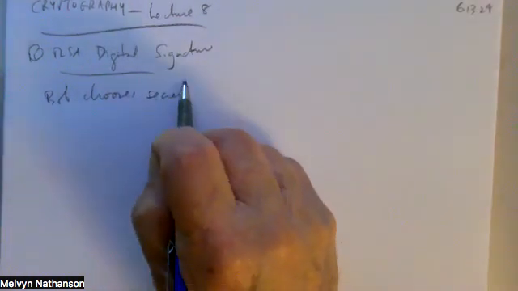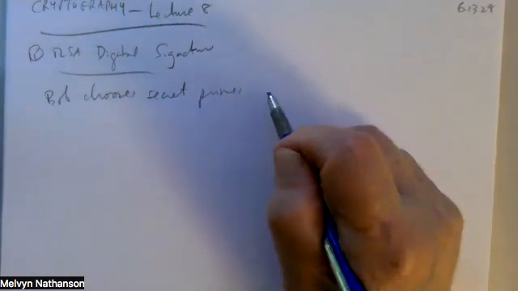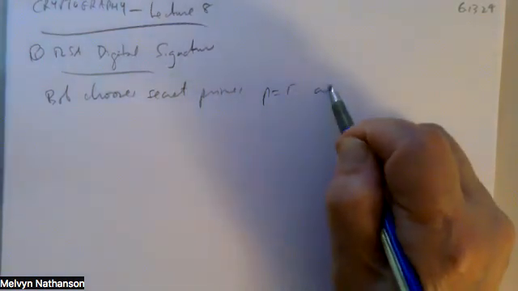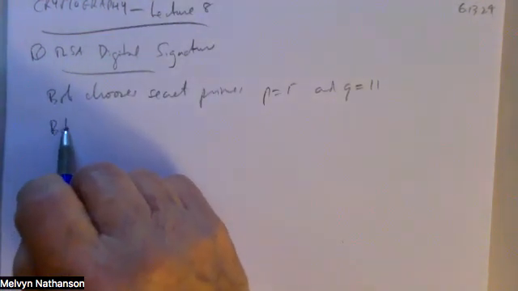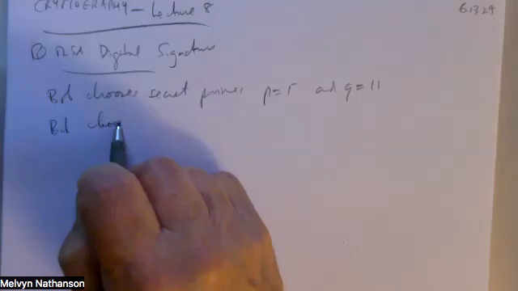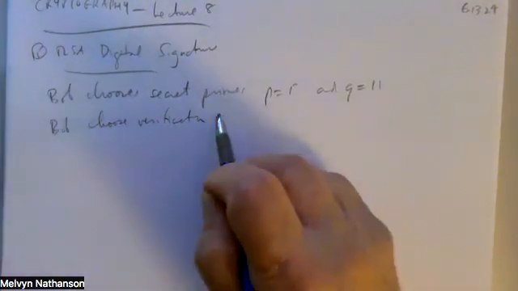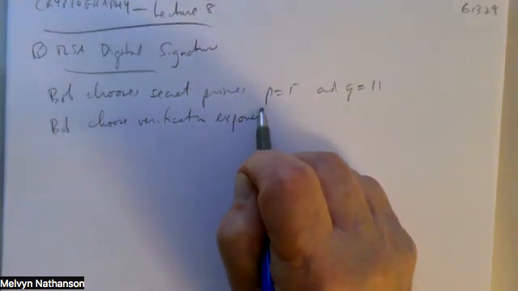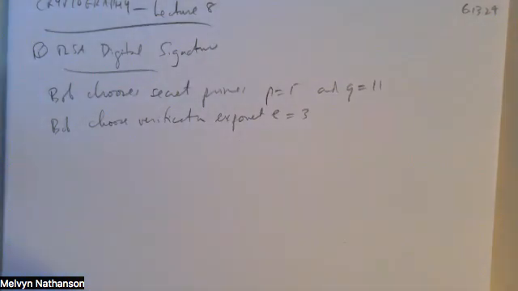So Bob chooses secret primes p equal to 5 and q equal to 11. And Bob chooses the verification exponent e equal to 3.